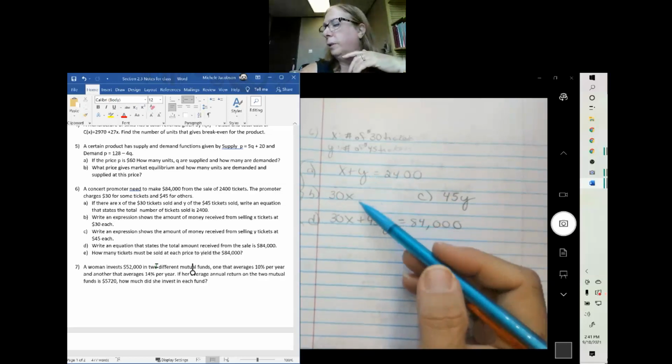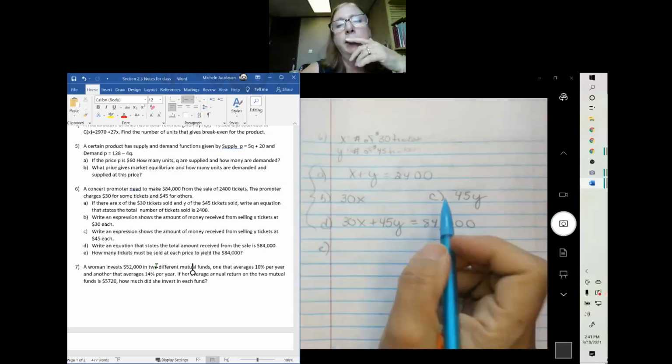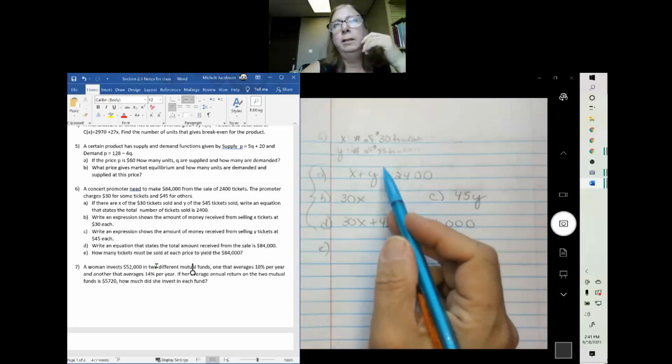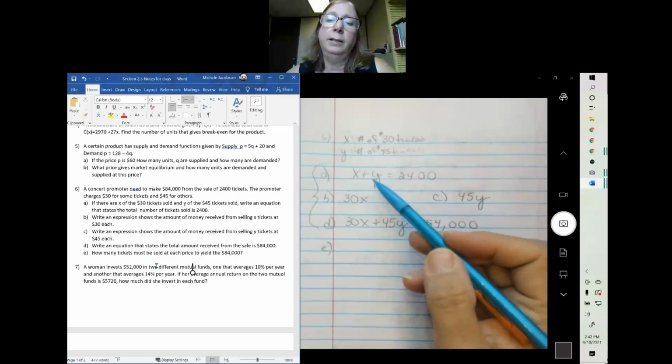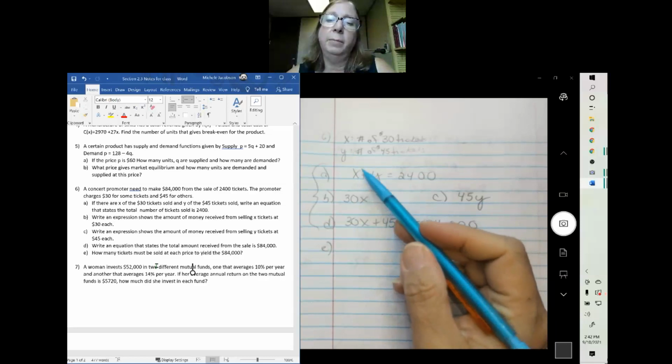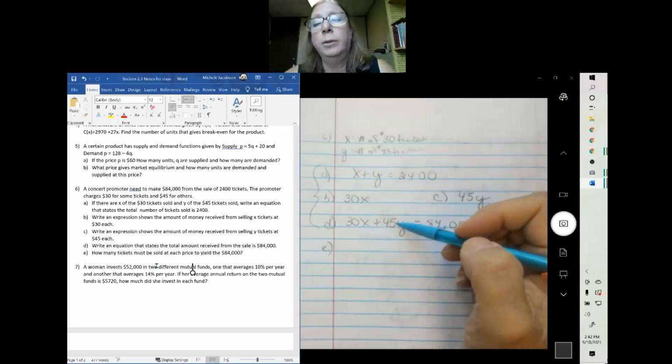Now, if we want to solve it, which is what E asks, then you take the two equations, and you can use elimination or substitution. Either one, whichever you prefer. Looking at the x's, I can make them both a 30, or I can make the y's 45.